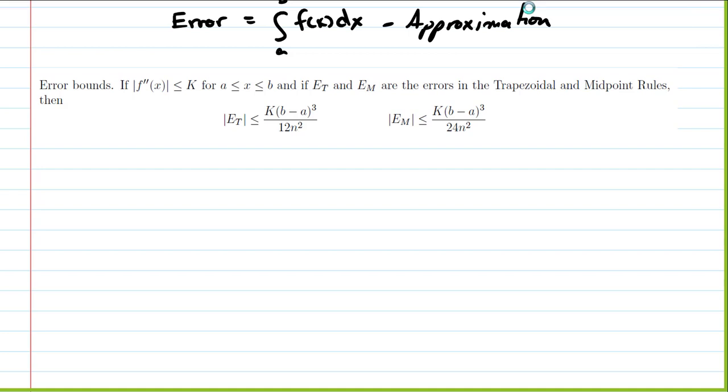So according to these error bounds, how much more accurate is the trapezoid rule compared to the midpoint rule?